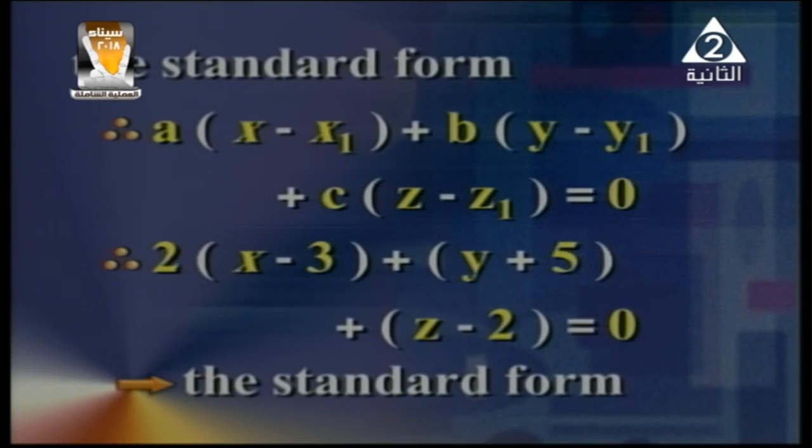And x1, y1, z1: x1 is 3, y1 is negative 5, z1 is 2. By substitution in the standard form, the equation becomes 2 multiplied by the bracket x minus 3 plus y plus 5 plus z minus 2 equals 0.